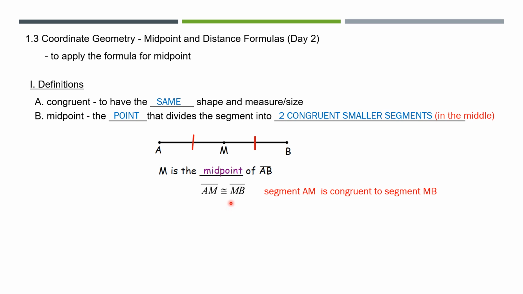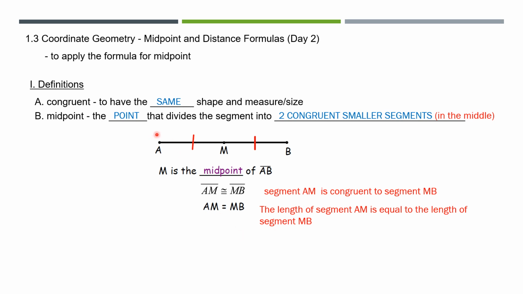So what does that mean? I mean, shouldn't we be using the whole definition? Well, we're going to. Since we can see that these are the same shape, they're both segments, and they're congruent, then we also know that their measures are equal. So the length of AM is equal to the length of MB.